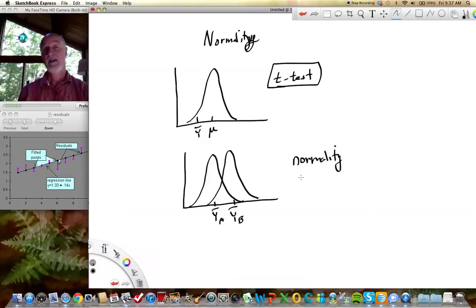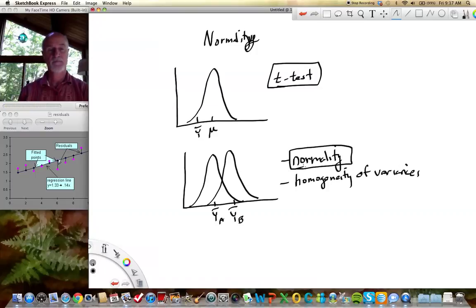We're also going to have the assumption of homogeneity of the variances, and I'll get to that one a little bit later. That is, the spread around those means is the same. But we're also still assuming a normal distribution, and I want to focus on this one for now.